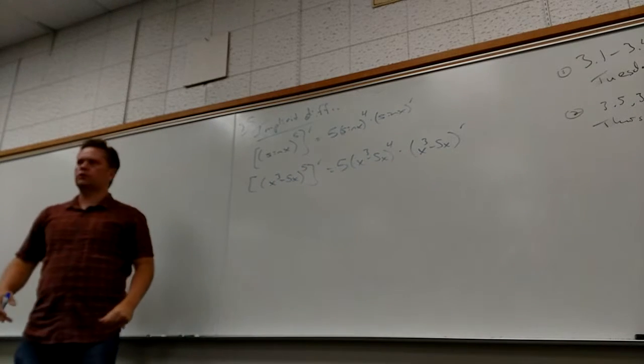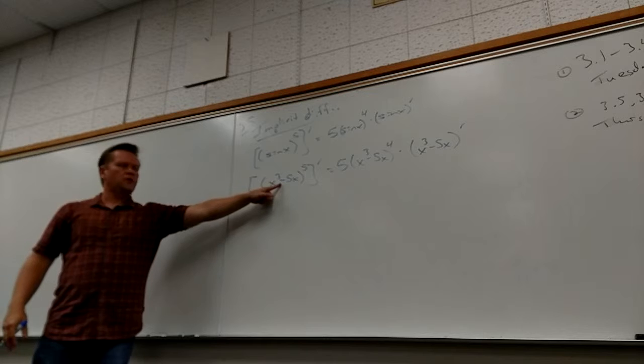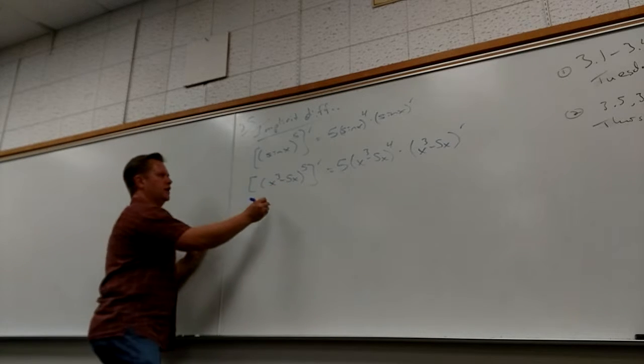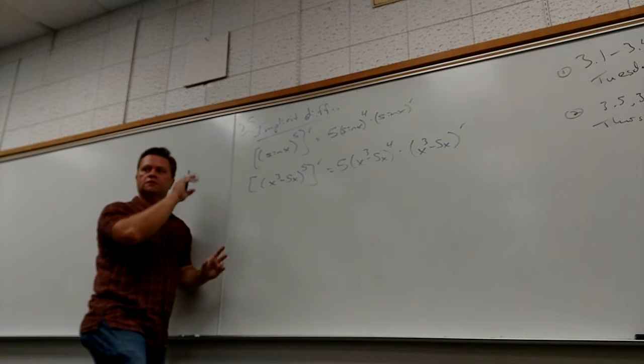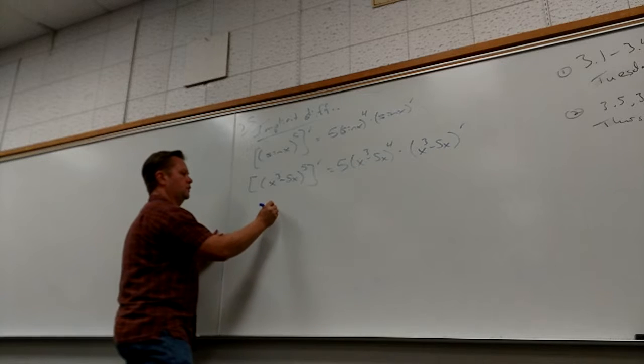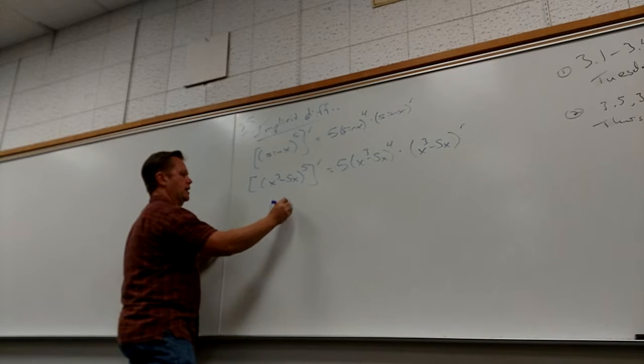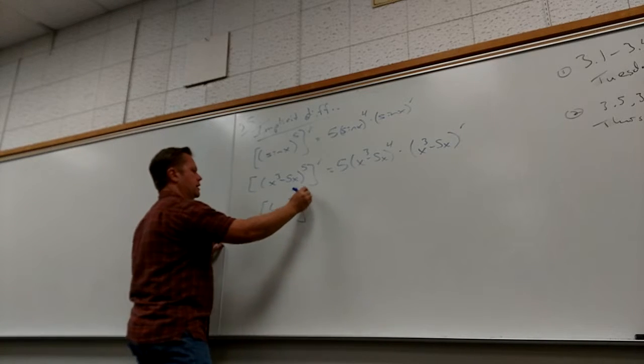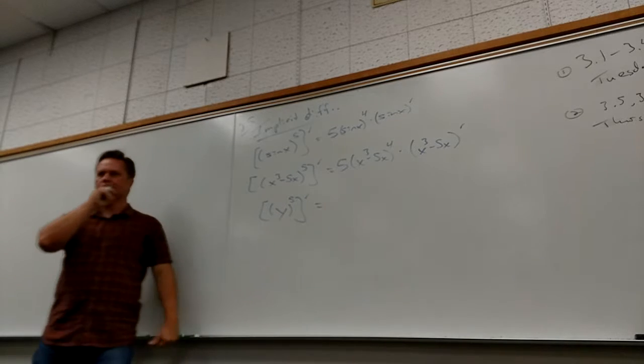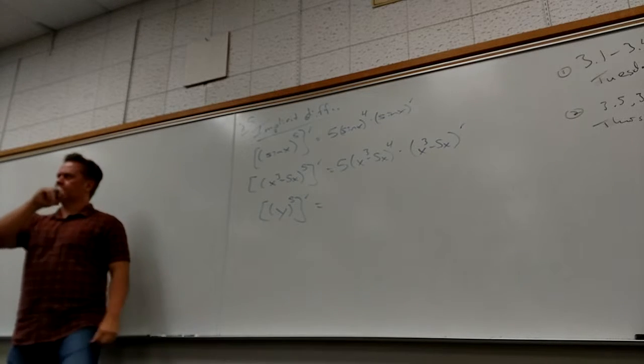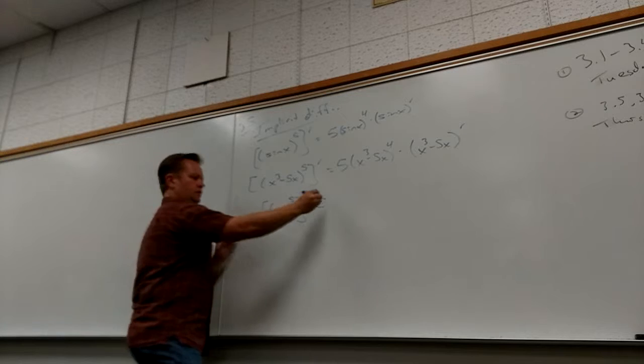But here's the idea. No matter what function I put in there, let's say I'm not even going to tell you what function it is. I'm going to say it's some function of x. I'm going to say it's some y. I'm not going to tell you what the function is. How far can you take this? How do you take this derivative?